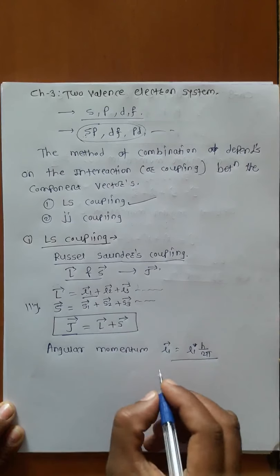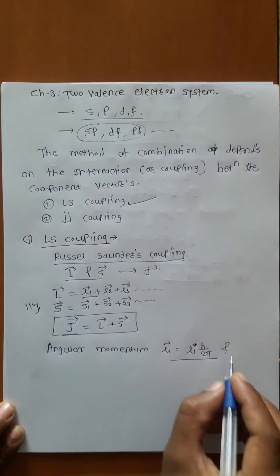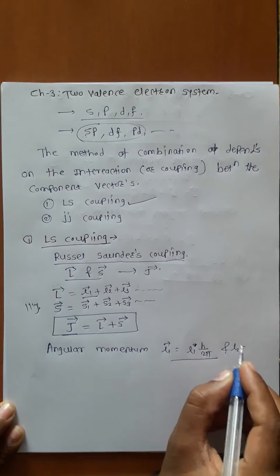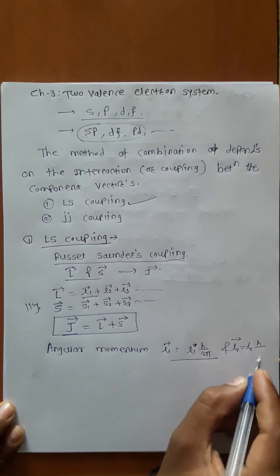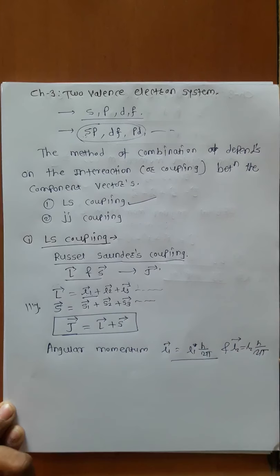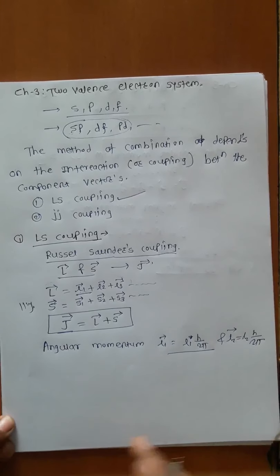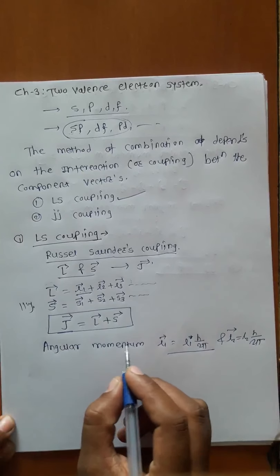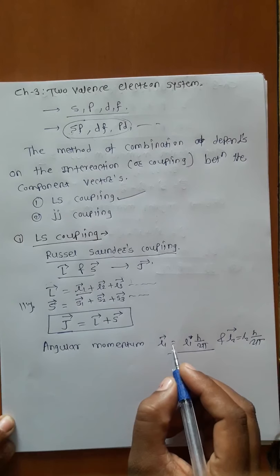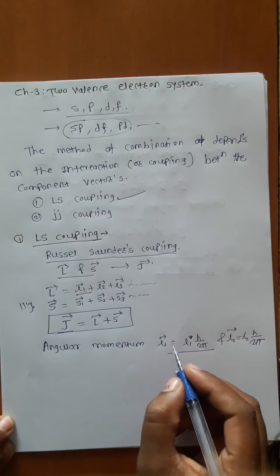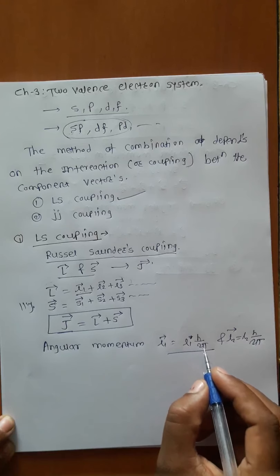Similarly, the angular momentum for L2 bar is L2 star into h upon 2 pi. So the angular momentum for a single electron is L1 star into h upon 2 pi.